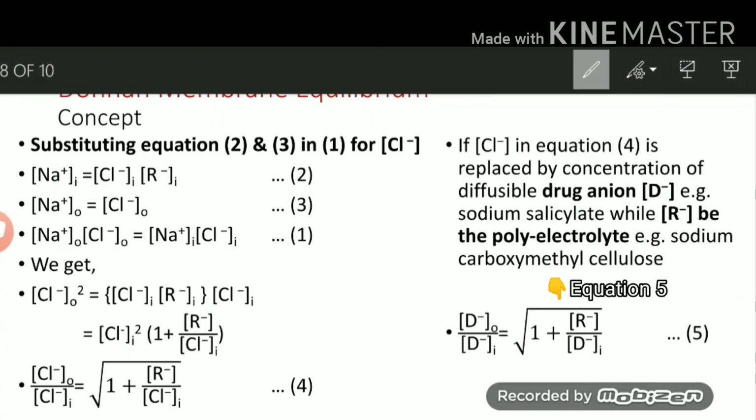This equation gives the ratio of ions inside and outside the semi-permeable membrane.